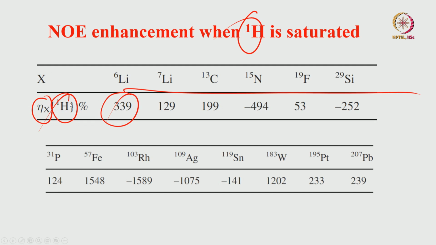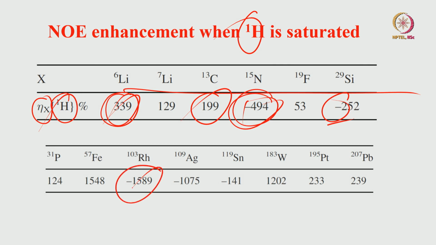Go to the case of other nuclei, carbon 13, 199. That is almost 200%. Intensity gets doubled. Here it gets nearly 3.5 times. Here, nitrogen 15, it is 5 times. See, this is the ratio of minus 494 times enhancement for silicon, of course negative, because they are all negative nuclei with negative magnetic moment. Look at this one, rhodium, almost 1600 times enhancement.